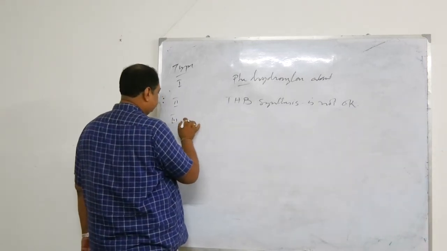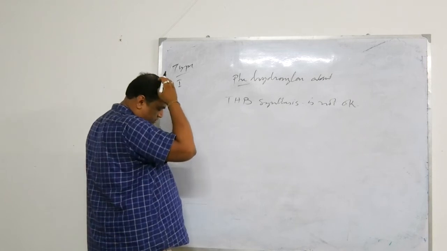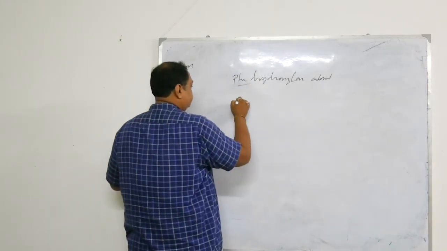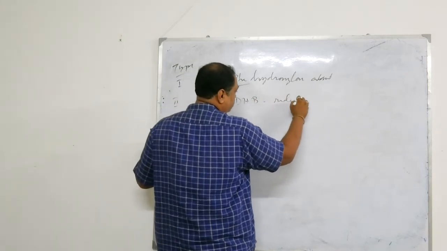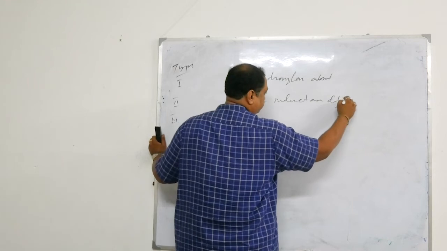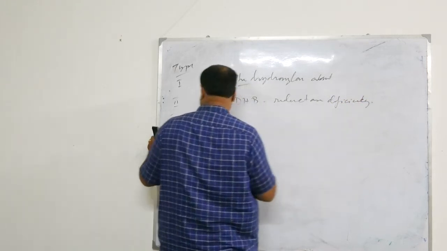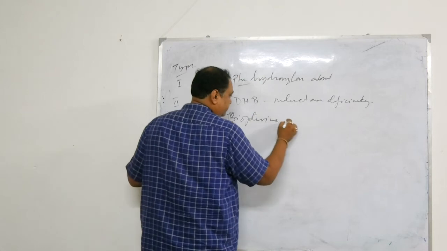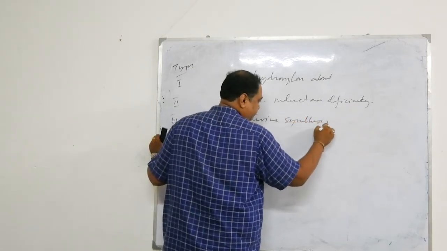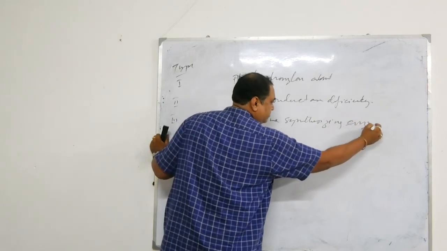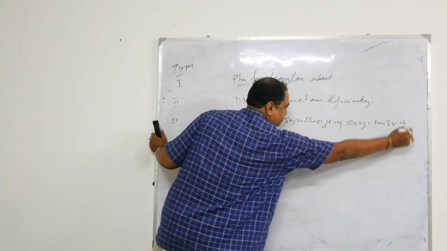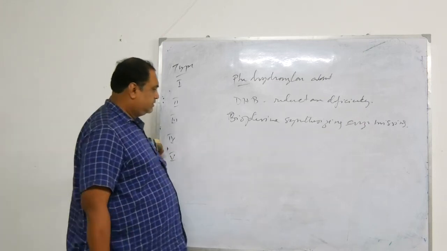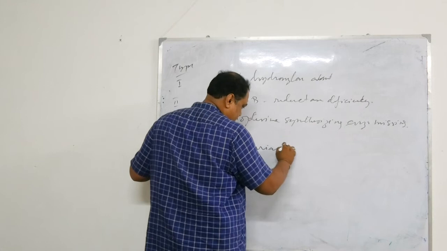Again, you remember DHPR, dihydropteridine reductase deficiency. Biopterin synthesizing enzymes missing.